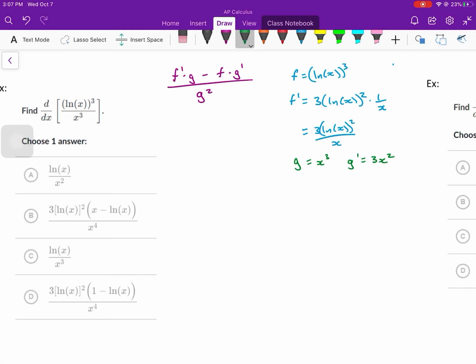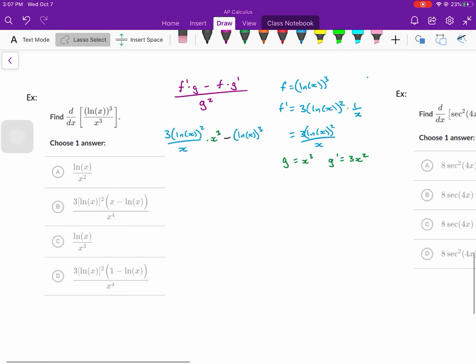So let's put this together. We're going to have f prime times g. So that's 3 natural log of x squared over x times g, which is x cubed, minus f, which is natural log of x cubed.